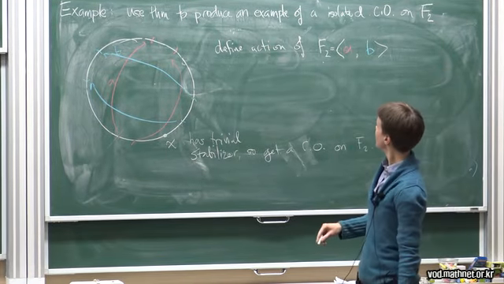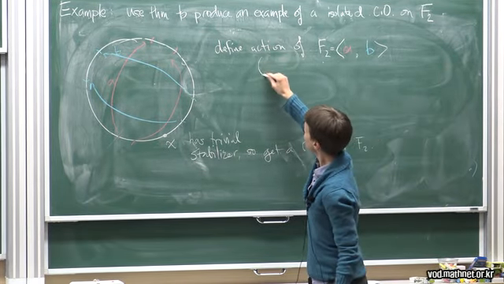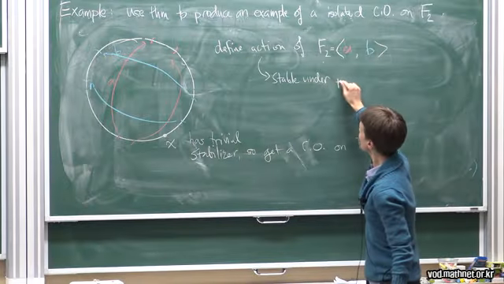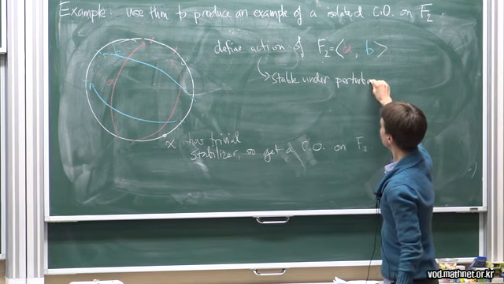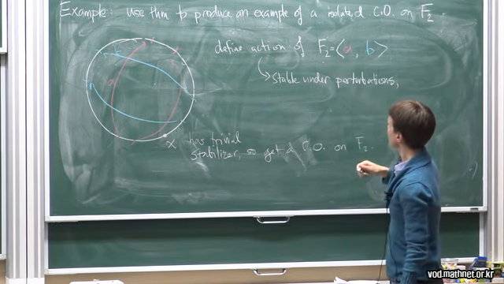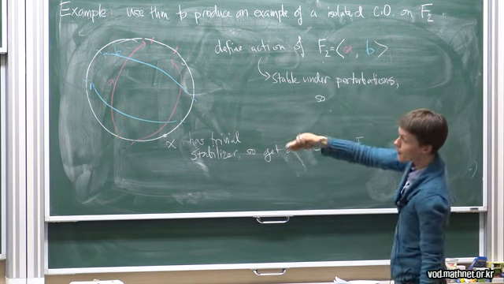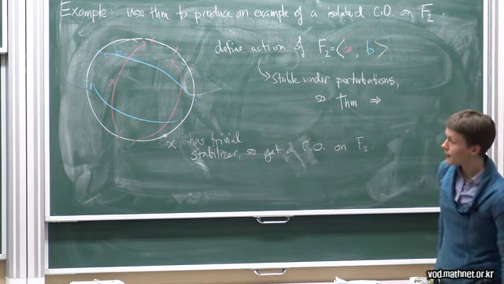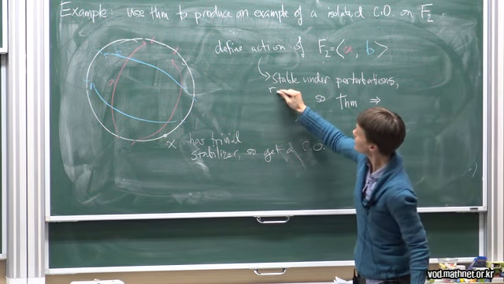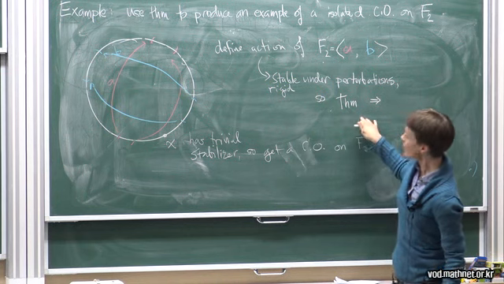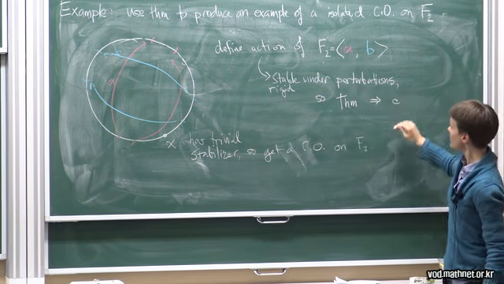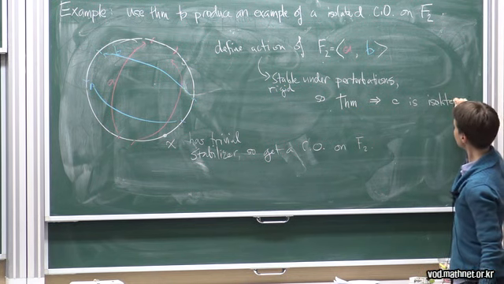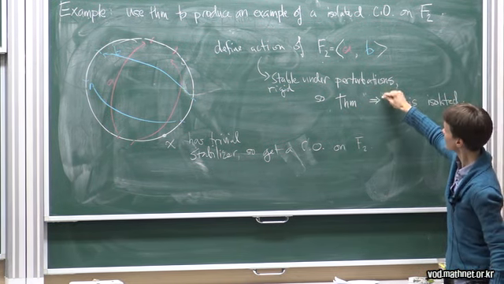This action is stable under perturbations. So the theorem should imply, so stable or rigid, the theorem will imply that this circular order is isolated.